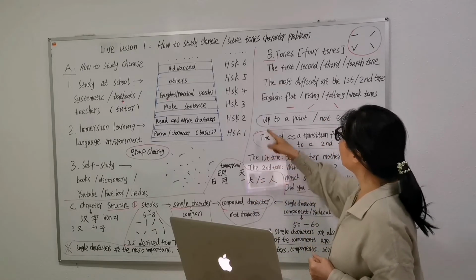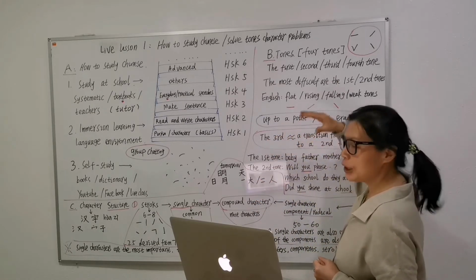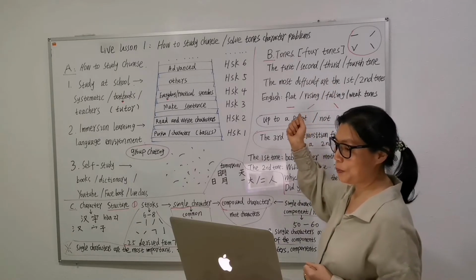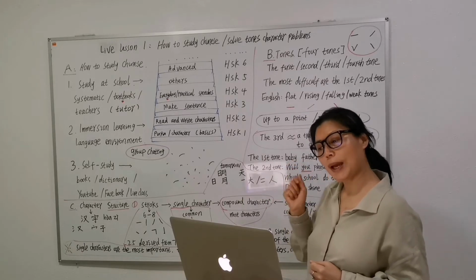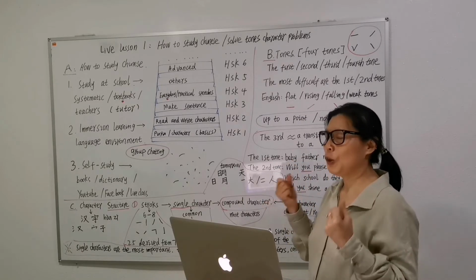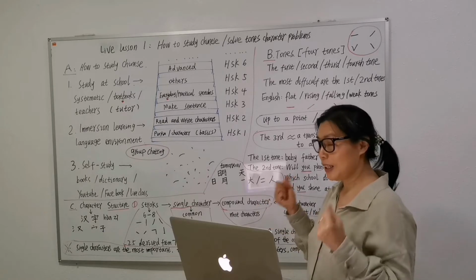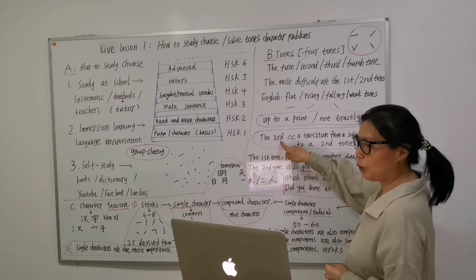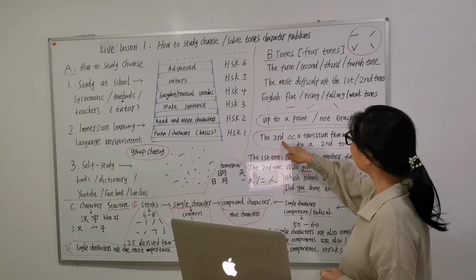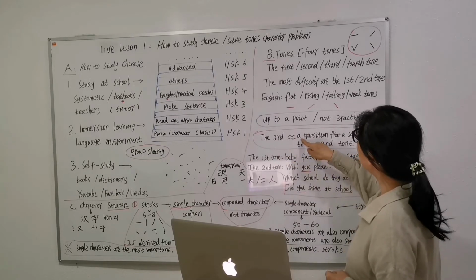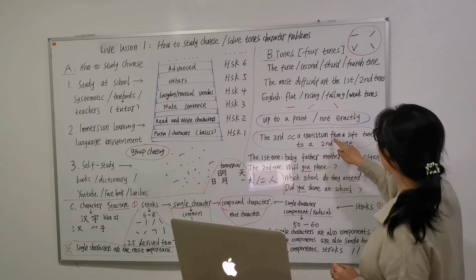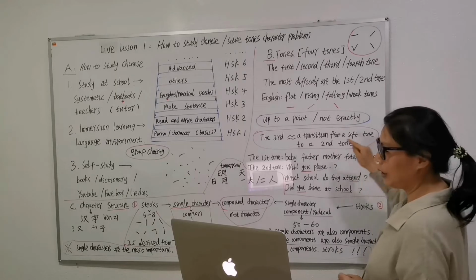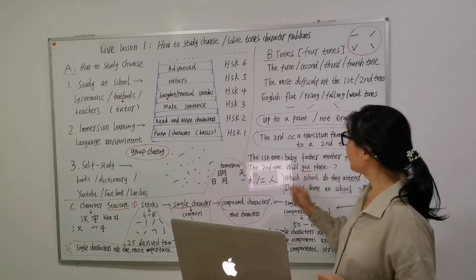That is to say, up to a point similar, not exactly the same, but you still can learn Chinese tones through learning English tones. Oh, and the Chinese third tone is about a transition from a soft tone to a second tone. Later, I will tell you.